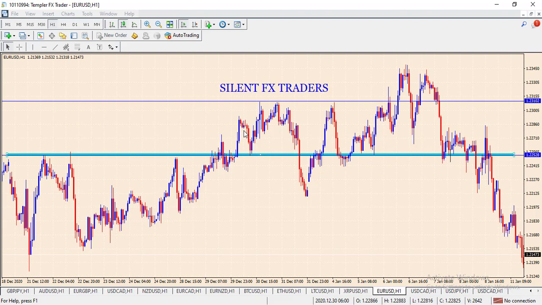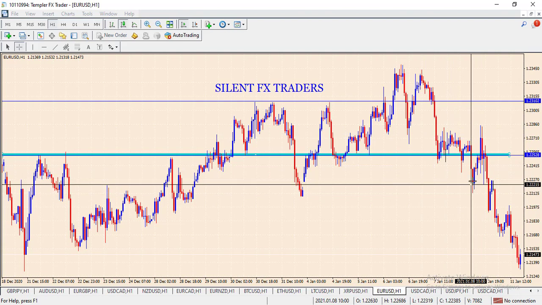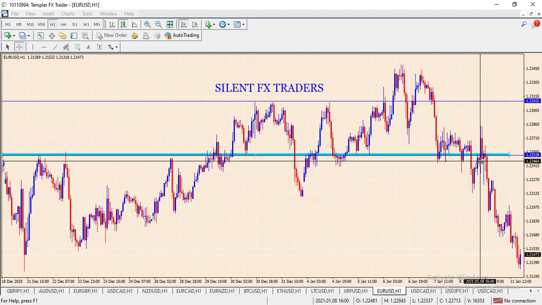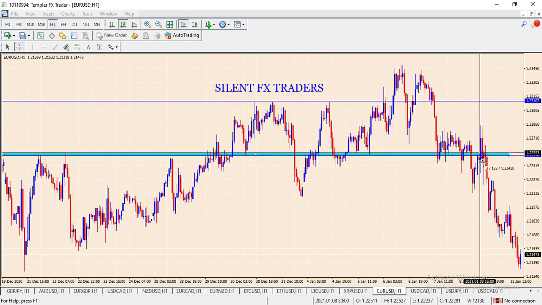Now, what does it mean? When the support level has been recently broken, now this becomes our resistance level. Remember, this was a support level. After the price breaks this level, it will act as a resistance level, a newly formed resistance.